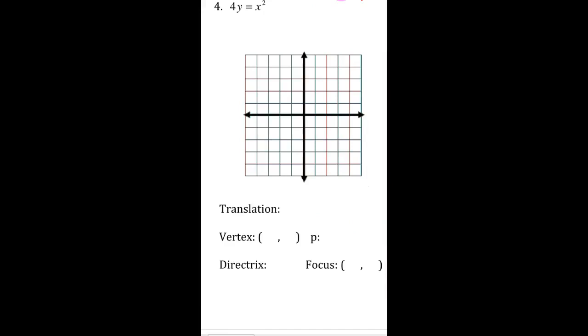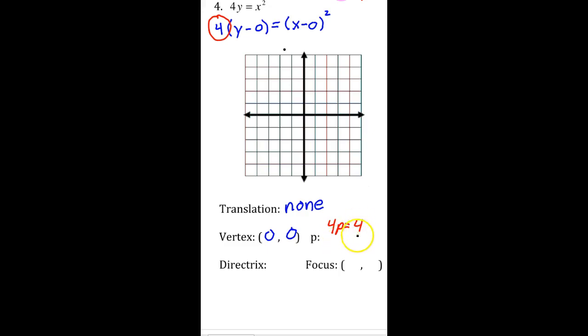Okay, let's look at number 4. So let's write this in the format here. We've got 4, y minus 0, and I'll put the h and k in there as zeros. So we have a vertex of 0, 0, and no translations, not moved up, down, left, or right. We have our LLR, so 4p equals 4.